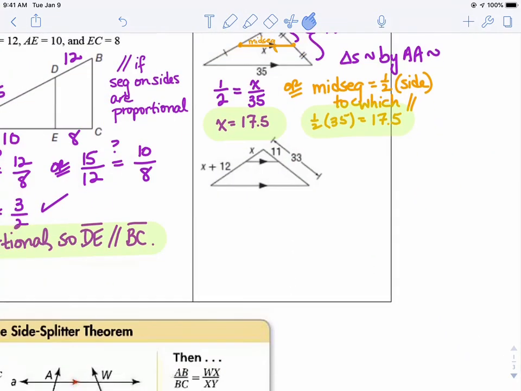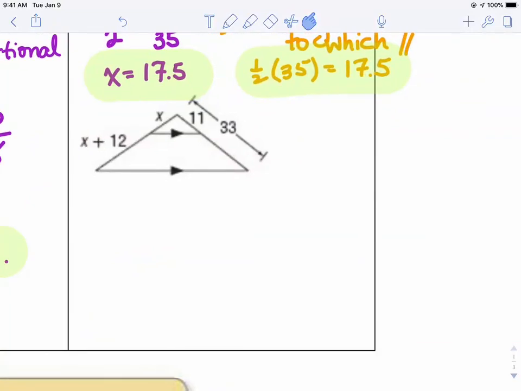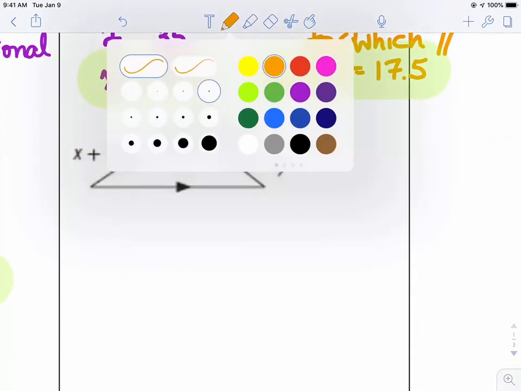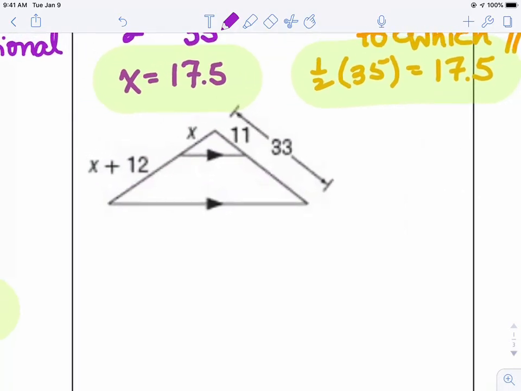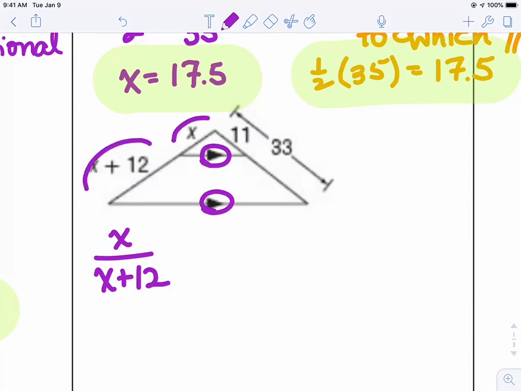Okay, similar for this one down here. There are a couple different ways you could set this up. You could say x is to x plus 12. Again, I'm using the side splitter theorem because those are parallel. So x is to x plus 12 as 11, and this down here would be 22, as 11 is to 22.